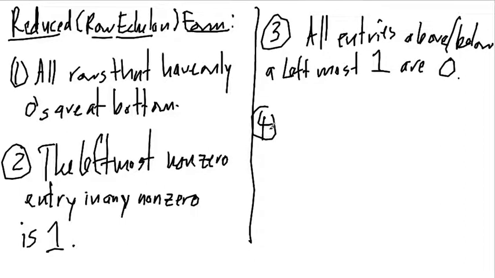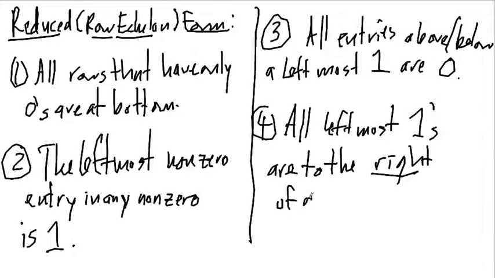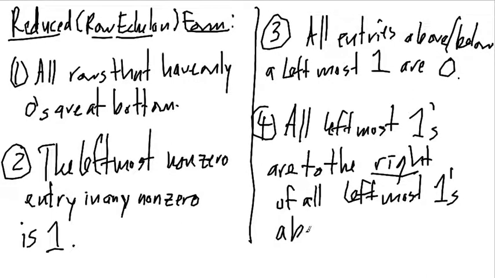And four, all leftmost 1s are to the right of all leftmost 1s above them. And so let me illustrate really what this means with a bunch of matrices.